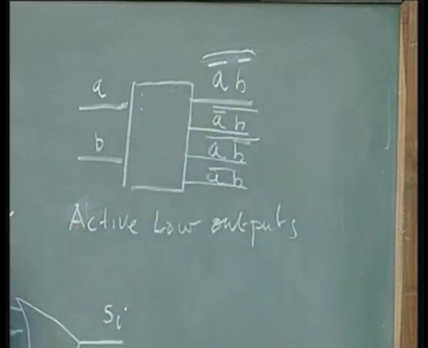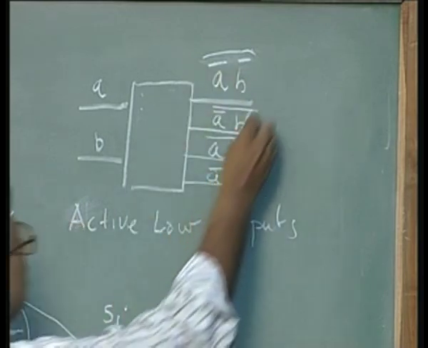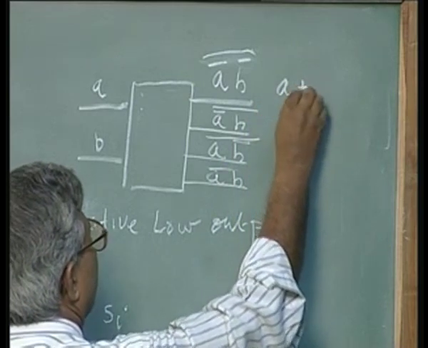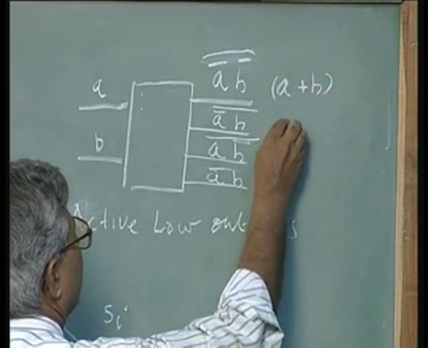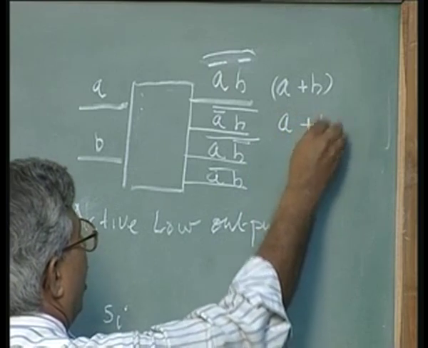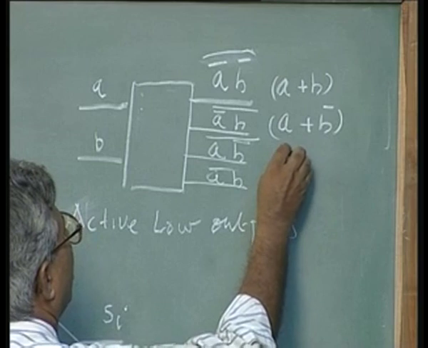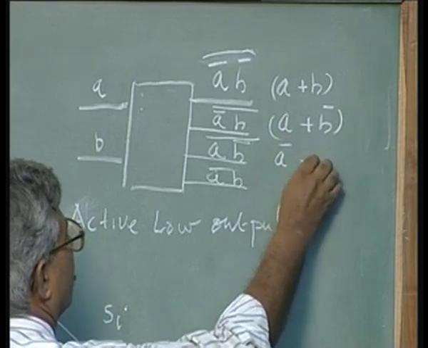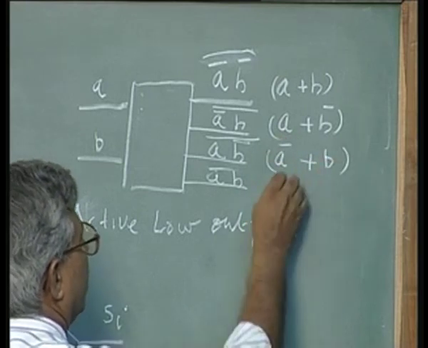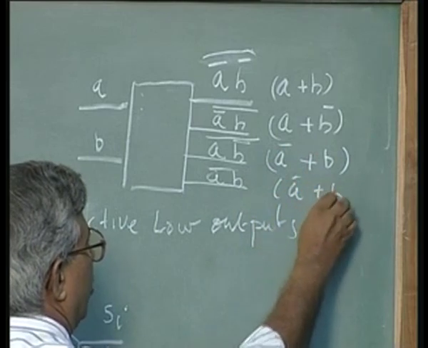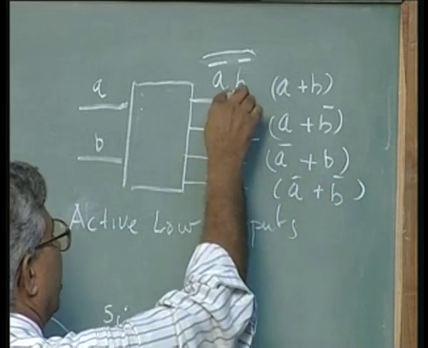By applying De Morgan's theorem, this will be A or B, this will be A or B bar, this will be A bar or B, and this will be A bar or B bar. So what we get is not this but this.